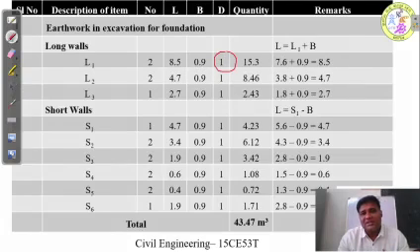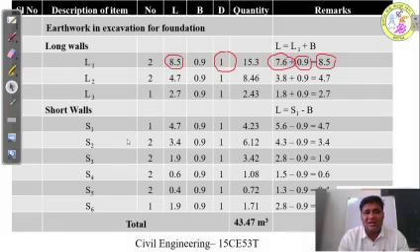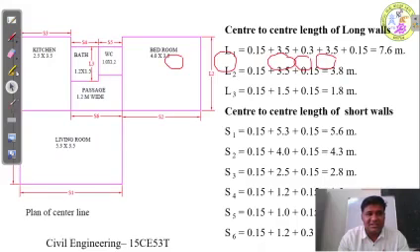So here 7.6 is the center to center distance plus 0.9 meter is the width of the excavation. Total it will come to 8.5 meters. This 8.5 meter length will be written here in the cell of length, and there are two numbers of L1, this is one number and this is the second number of L1.